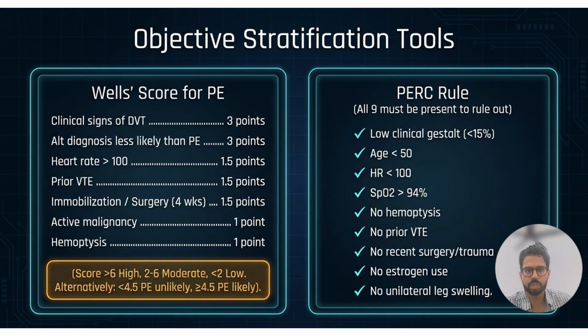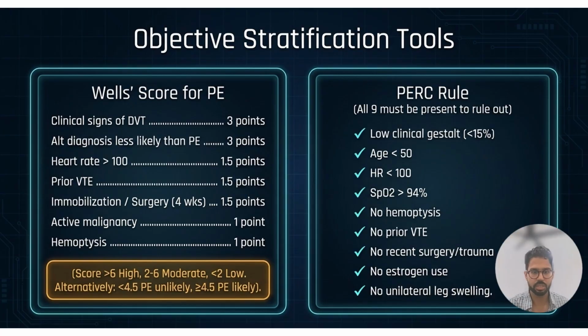Now let's look at the objective stratification tools that we use for PEs. We talked about the Wells score. A Wells score is composed of several different factors. First, clinical signs of a DVT, which is worth 3 points. Alternative diagnoses less likely than PE is also 3 points.